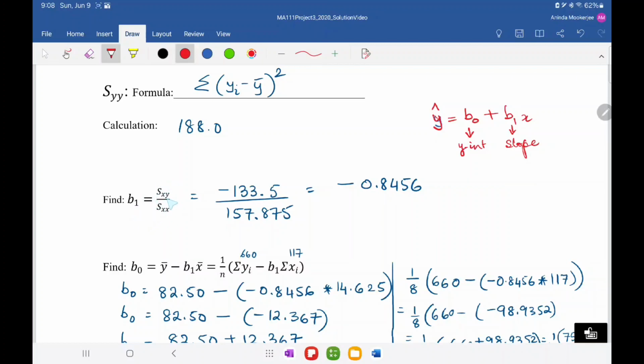It's s sub xy divided by s sub xx. And for b sub 0, it's 1 divided by n times sigma y sub i minus b sub 1, which is the slope, times sigma x sub i. Or you can use this formula also. It's just a transformation of each other. Let's put it that way.